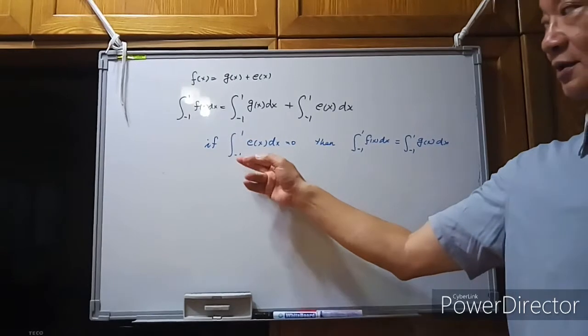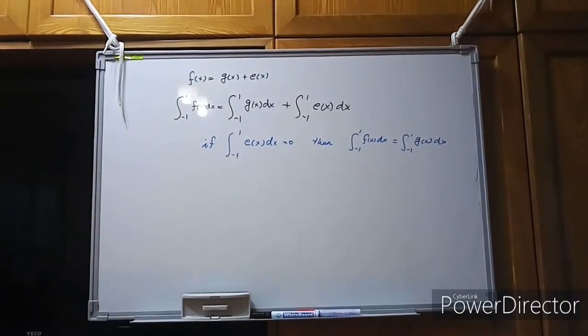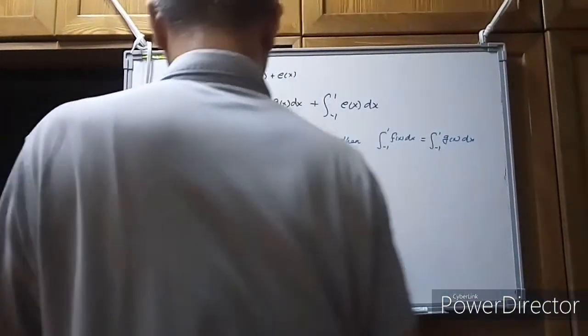But how can we guarantee the integration of the e of x is always equal to 0? And remember, we have n solutions.